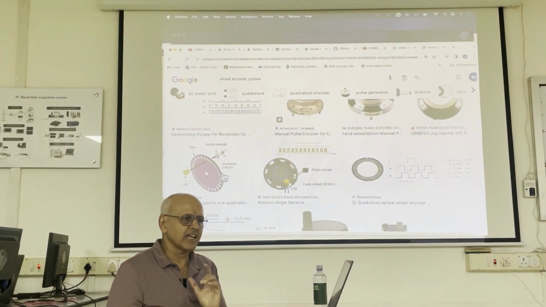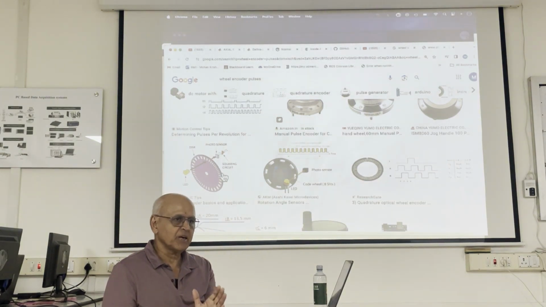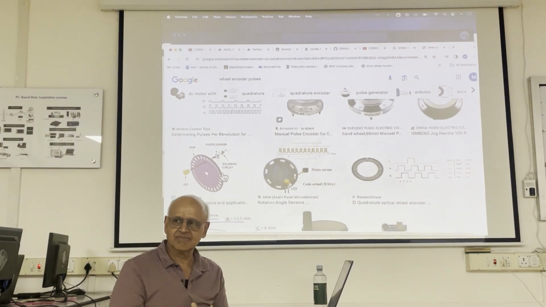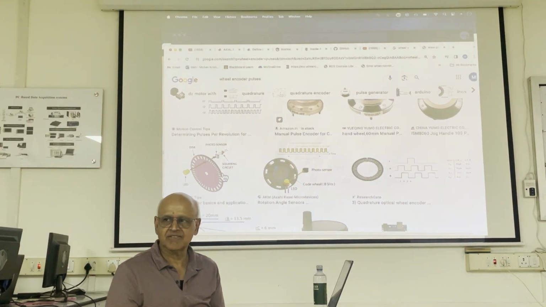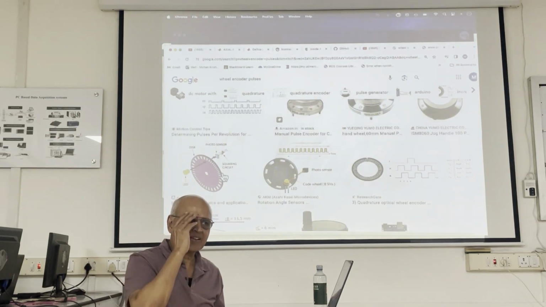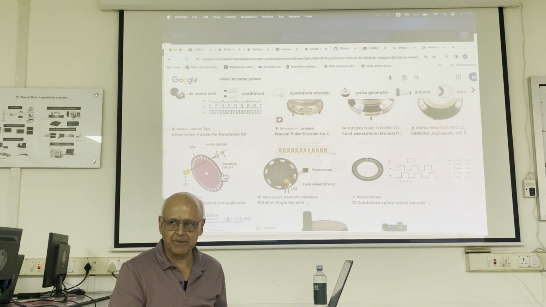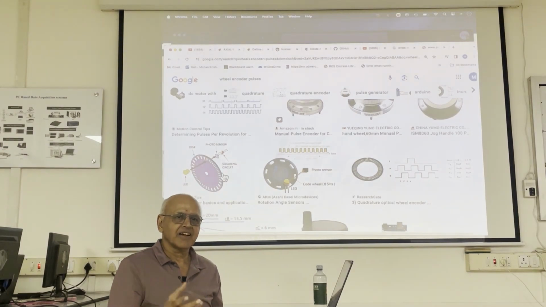So odometry can never be used for the long term. Odometry is only good for a few meters at a time. After that, you have to correct it. And that topic will be discussed in the localization chapter. So you need a GPS signal or some other means of correcting the odometry.